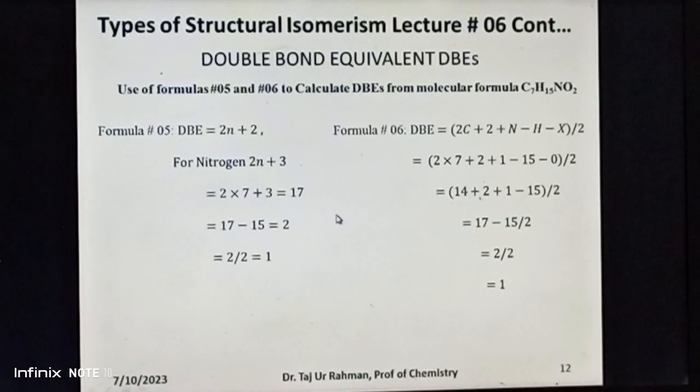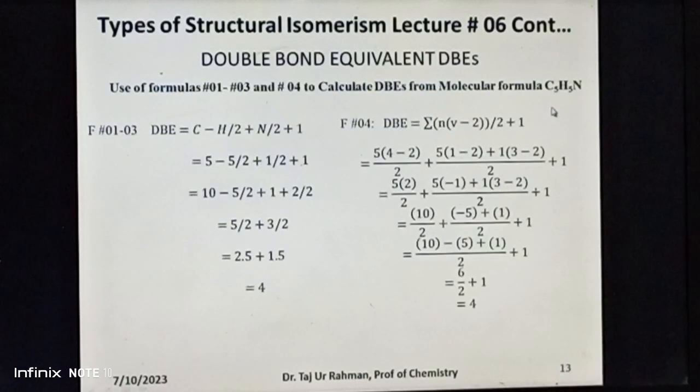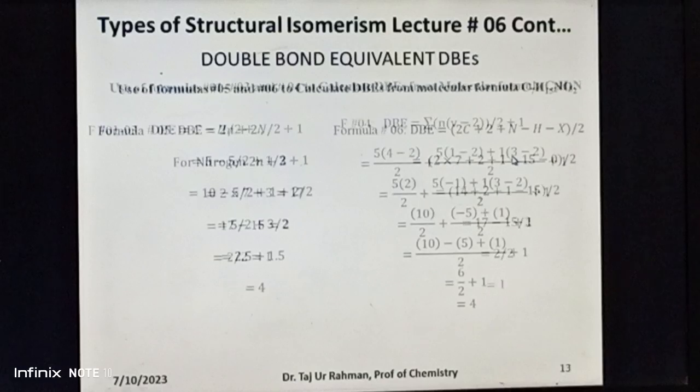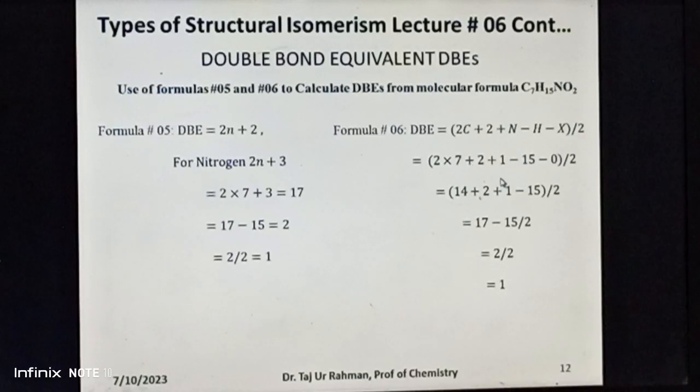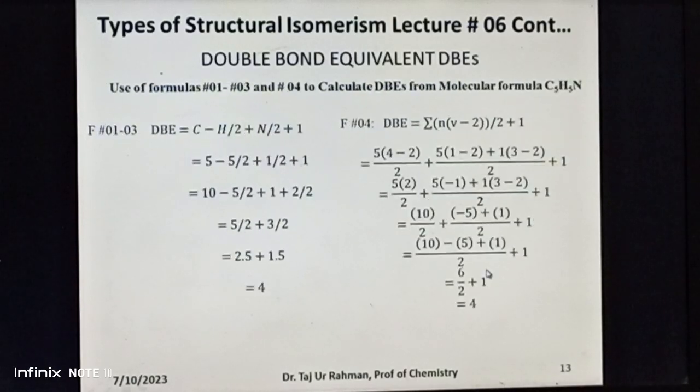These calculations again show that all the 6 DBE calculation formulas have been applied to calculate DBE values for C7H15NO2 and C5H5N. The DBE value calculated for C7H15NO2 is 1, while for C5H5N is 4.